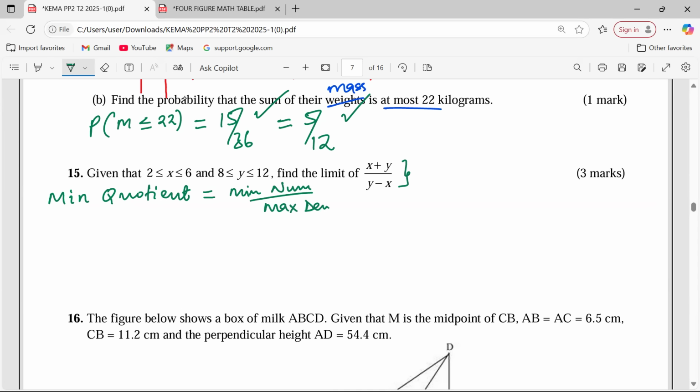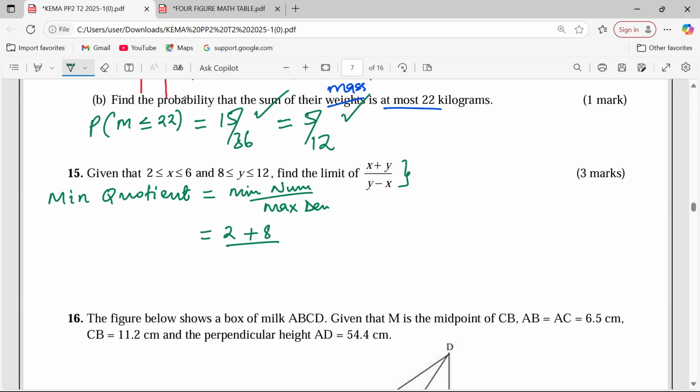For us to get a small quotient after dividing, we need a very small numerator but a big denominator. So we need the lower limits. We need the least sum, because the numerator is addition. The least sum shall be, for x we pick 2, and for y we pick 8. Divide by the biggest denominator.